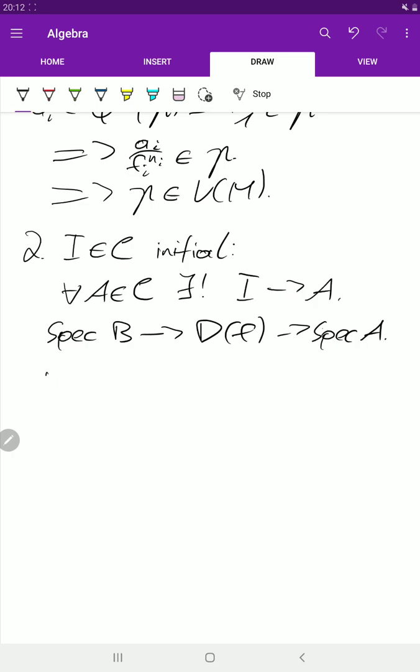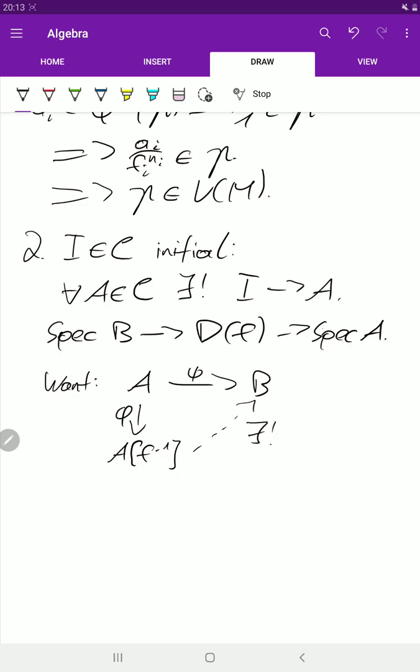And now, what do we want? We have A, and let's call this map from A to B psi. We have again phi to the localization, and we want a unique map here.